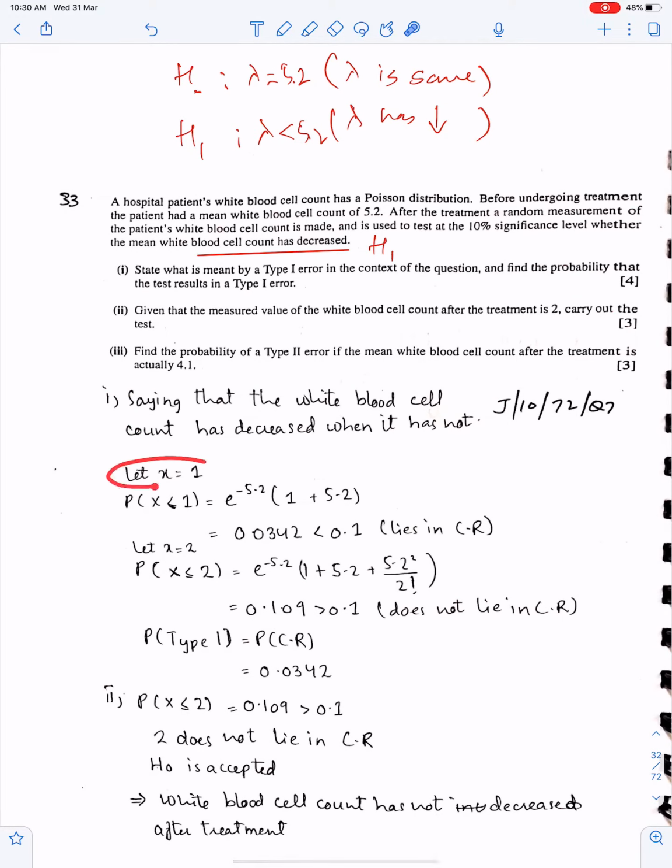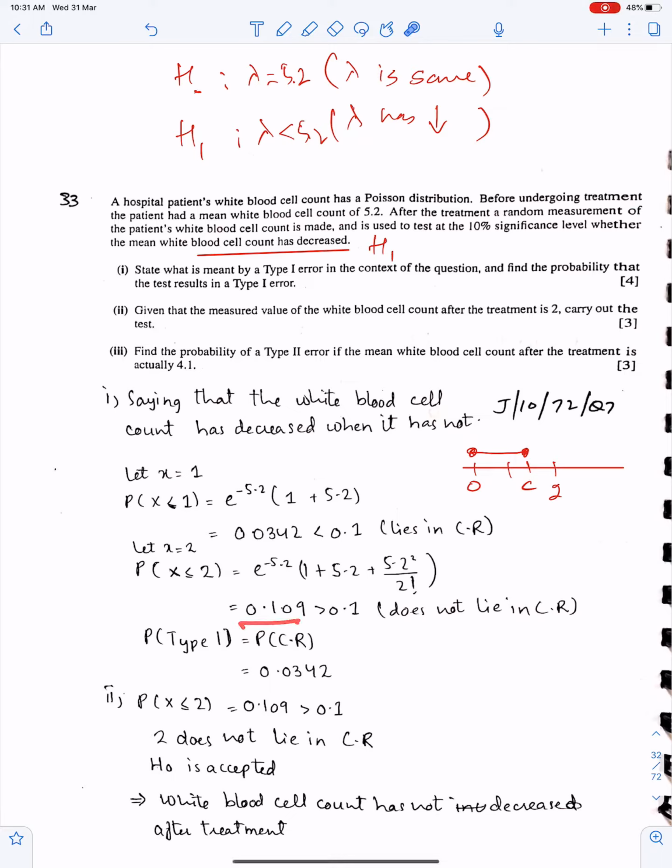So we first need to check whether 1 lies in the critical region or not, and the critical region is here. So the probability of less than 1 is less than 10%, so 1 lies in critical and 2 does not lie in critical, because this probability is greater than 10%.